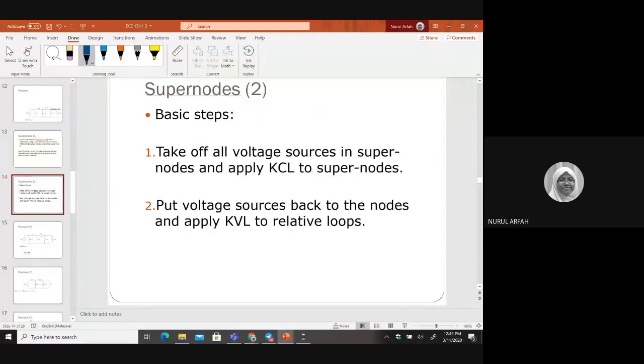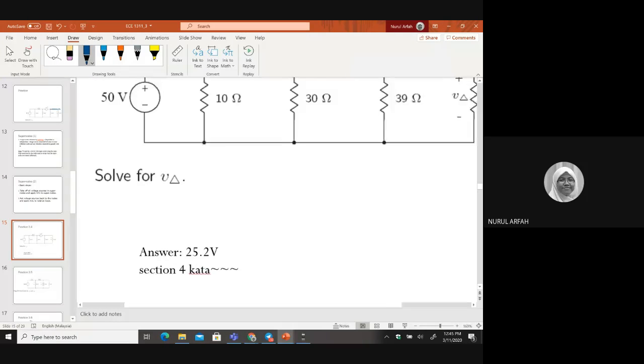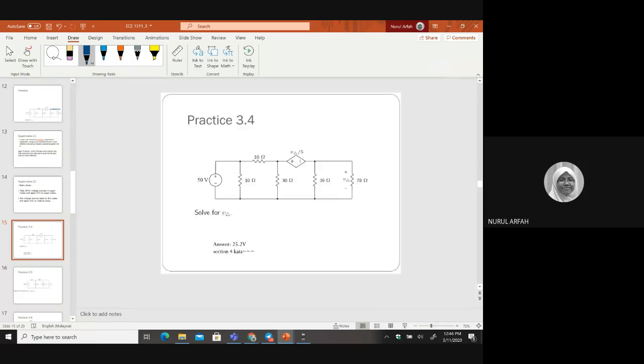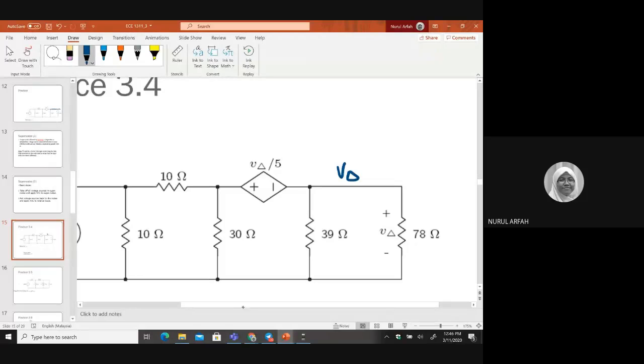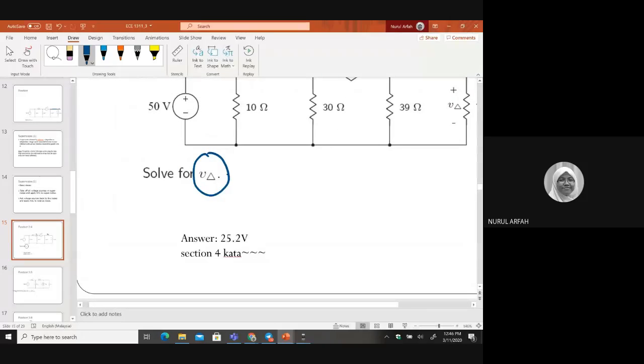So if you look at the slide, Madani, the steps, I think this is the answer: 25.2, you can try. This is V delta, right? And this is V1, but you are going to find the value of interest. In order to find V delta, you need to find V1 also. So that's why you have this.